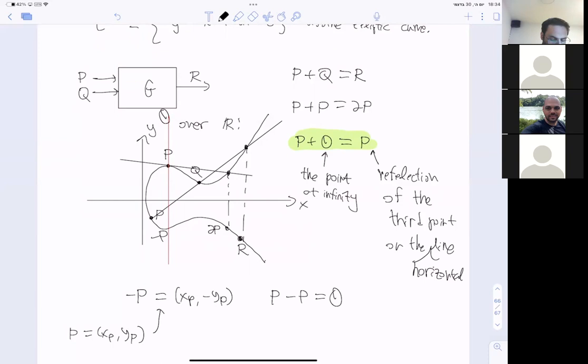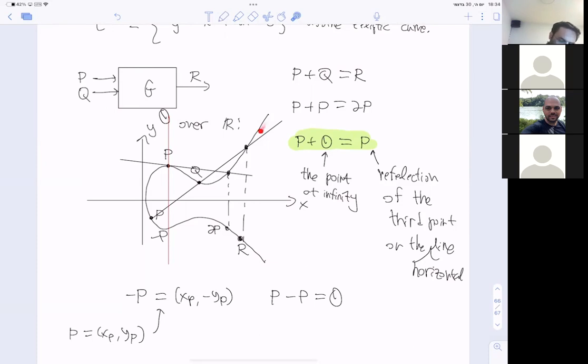Now, how does this have to do with cryptography? So the answer is, now you look at this.